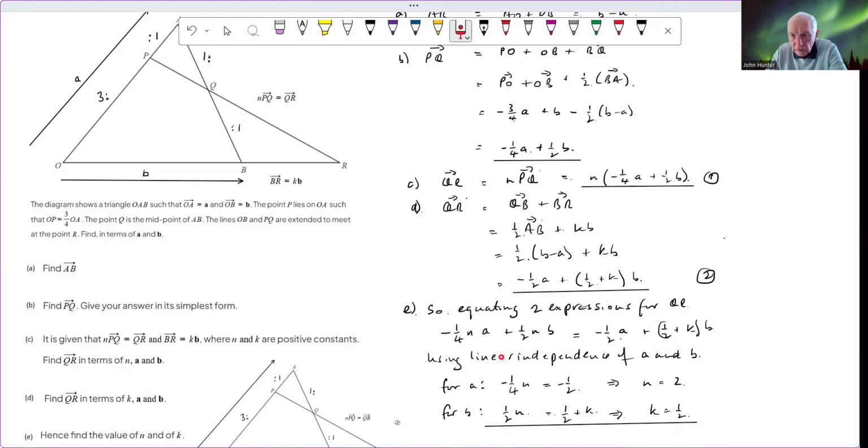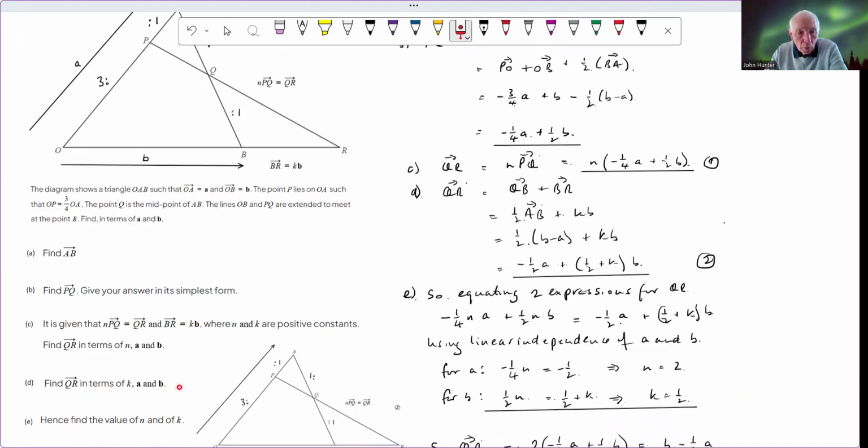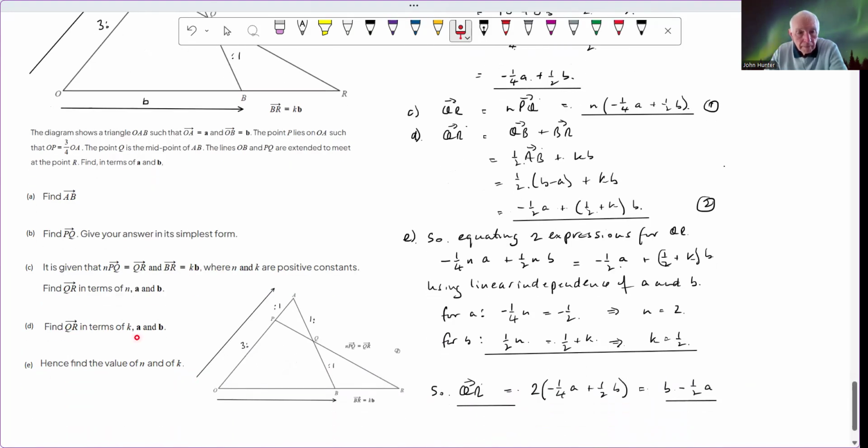We've got that equals that. So if we just strip that b out, there half n equals a half plus k. Then given that n is equal to 2, that just works out. You can work that out for yourself. If you're not sure, just pause the video and have a look for yourself. But that gives us k equals a half. So we found QR in terms of both expressions there.